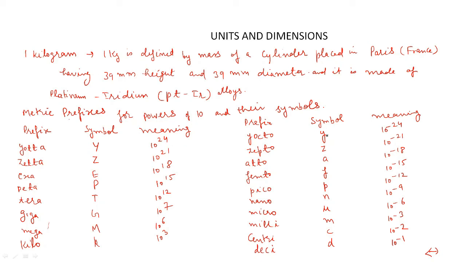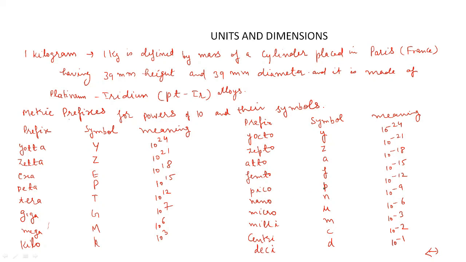But here when it is represented by small y, it is equal to 10 to the power minus 24. Then zepto, it is represented by small z, it is equal to 10 to the power minus 21. Then atto, it is represented by small a, it is equal to 10 to the power minus 18. Then femto, it is represented by small f and it is equal to 10 to the power minus 15.